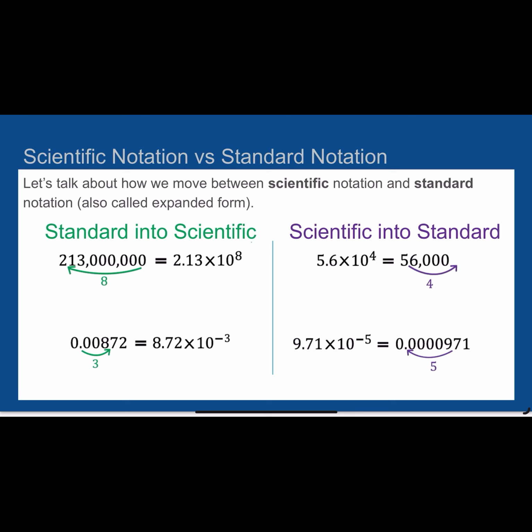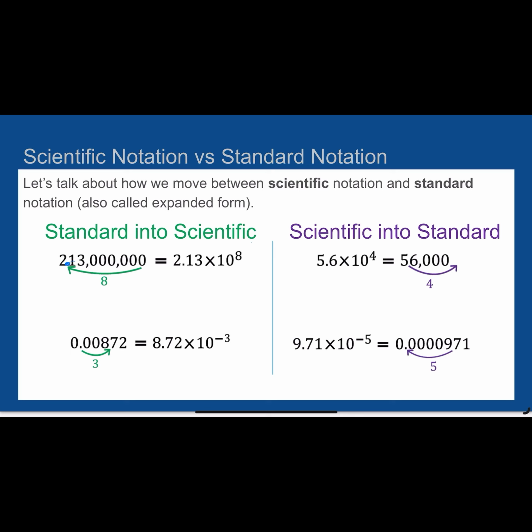So if we look at a standard number like 213 million, well, first we need to put a decimal right after the first number. So we're going to put a decimal right there. And then we're going to count how many spaces from that decimal to the end of the number.